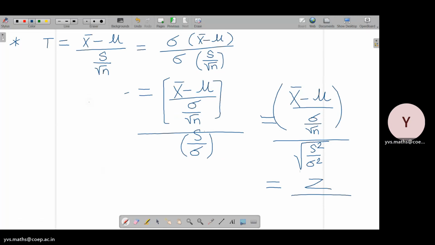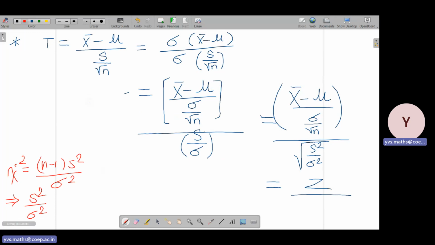In the YouTube session on the chi-square distribution, we have already seen that n minus 1 into s square by sigma square is chi-square. So a chi-square random variable is defined as n minus 1 into s square by sigma square. From this we can write s square by sigma square as chi-square upon n minus 1.